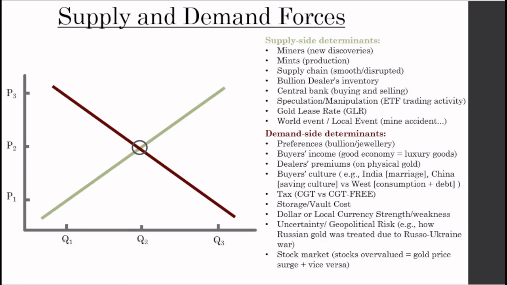Buyer's culture. What I mean by that is in different cultures around the world, in some cultures, gold is coveted more, and people have more financial education. They know the role of gold in protecting your assets, protecting yourself from inflation, from risk, geopolitical risk, and vice versa.